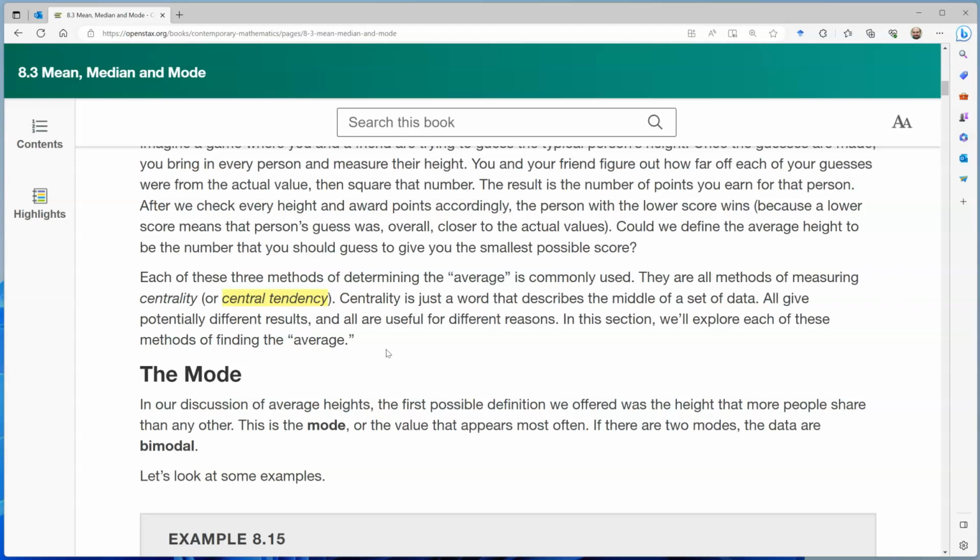And sometimes it is an actual data point within it. In other words, it's a number that comes from the data set. And then sometimes it's not. Sometimes the point of central tendency is not in the data set. It's a number that doesn't appear in any of the numbers that we've been given, but it is the best representation of what is, quote, average. Life expectancy is kind of a good example of that.